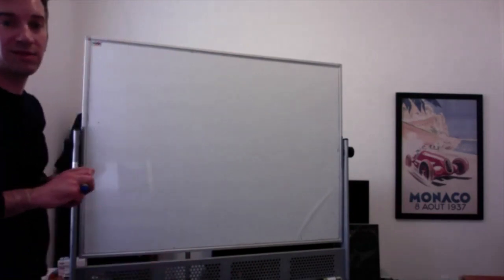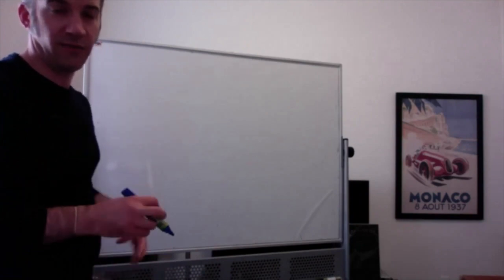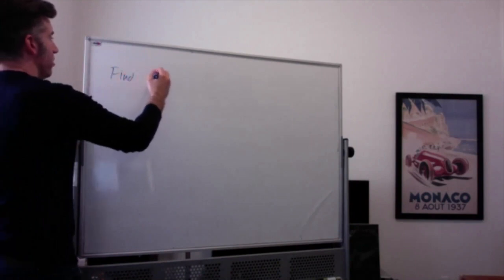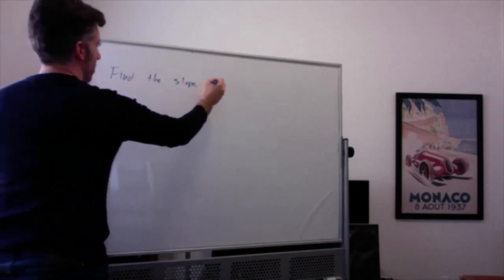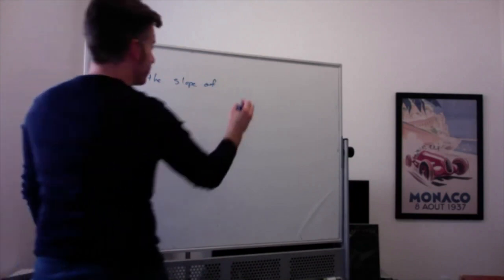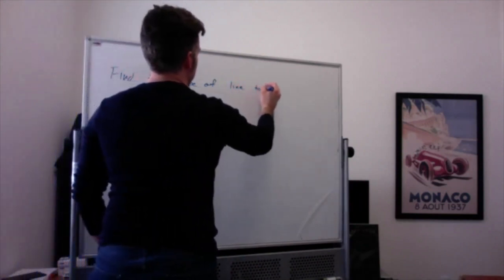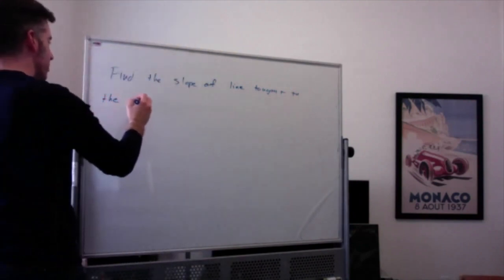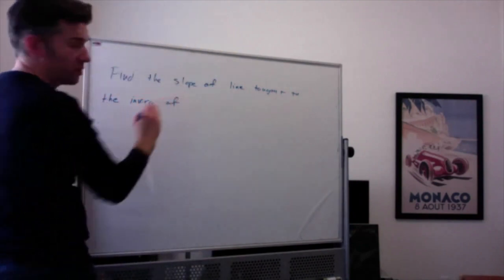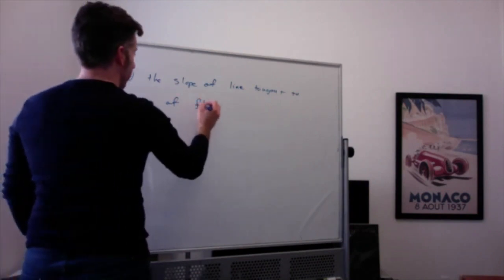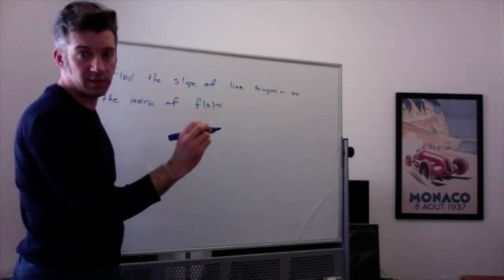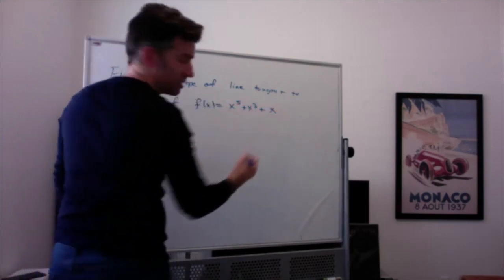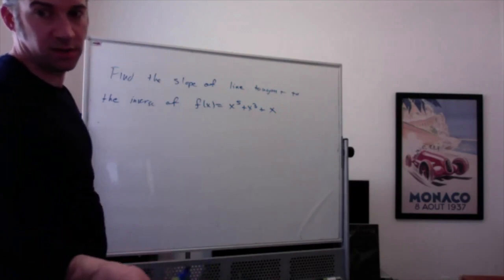So here is a typical question that kind of forces us to use this theorem. Find the slope of the line tangent to the inverse of the function f of x equal to x to the fifth plus x cubed plus x at the point.